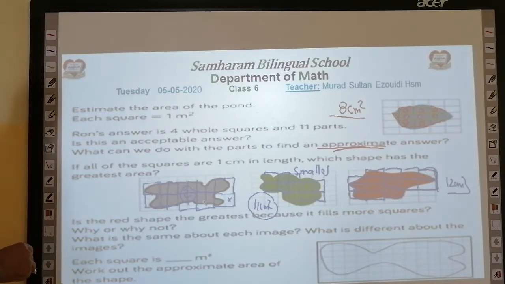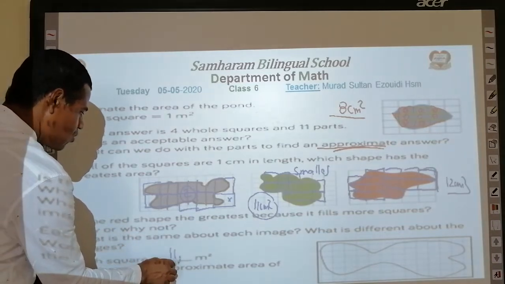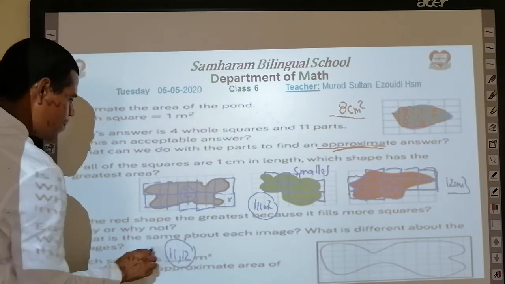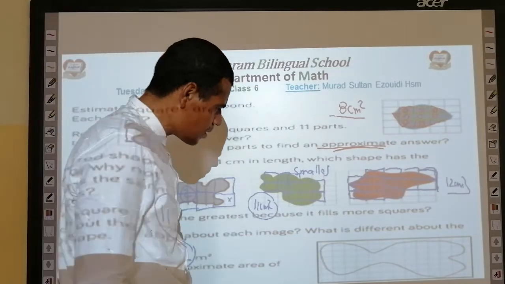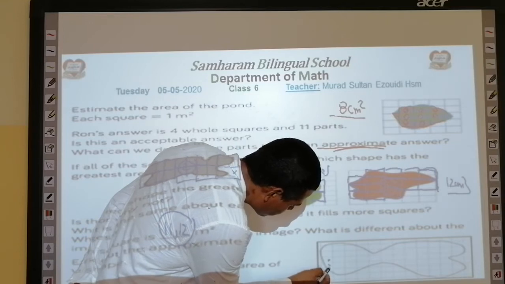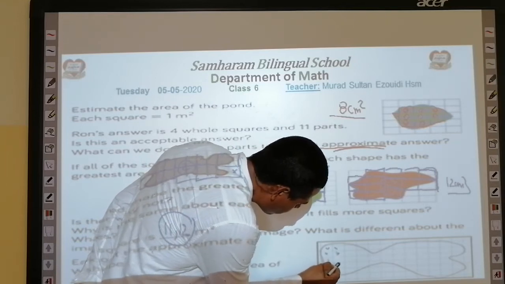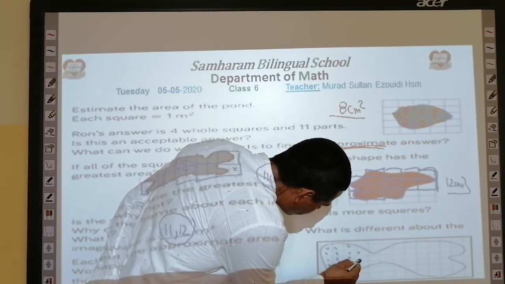So okay, x square is approximately about 11 to 12 centimeters squared. Then look at this shape. Here we try to find the area of this one. So this is 1, 2, 3, 4, 5, 6, 7, 8, 9, 10, 11, 12, 13, 14.